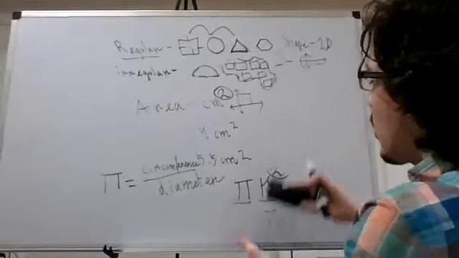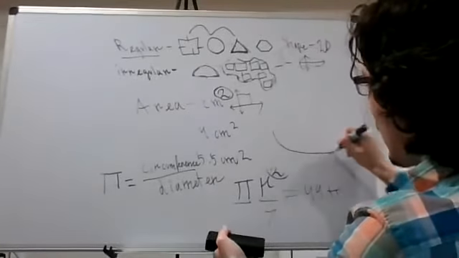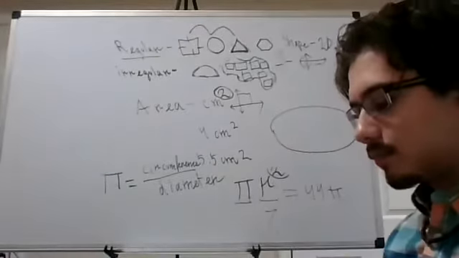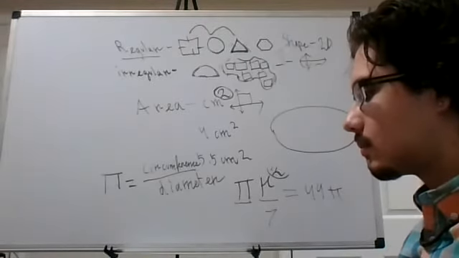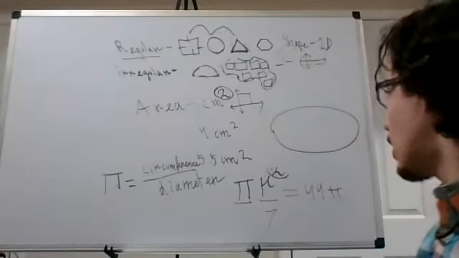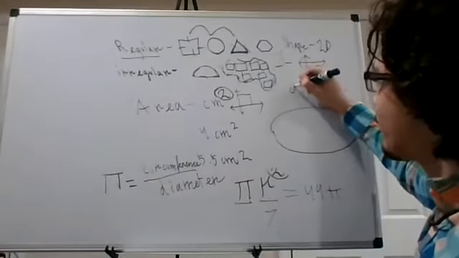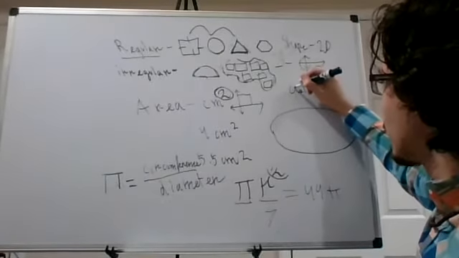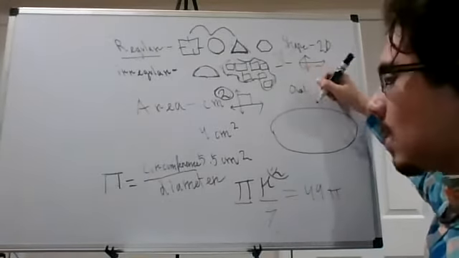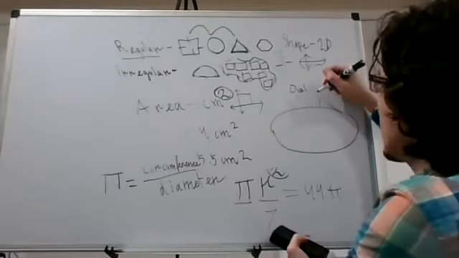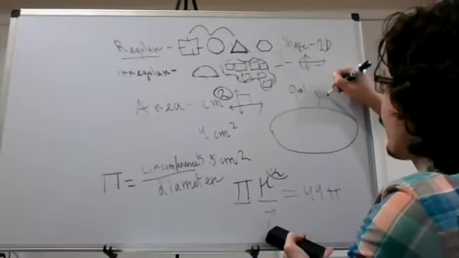Does anybody know what this shape would be called? Sir, an oval? An oval. Okay, an oval. Correct. So everybody calls this an oval, which you can do. But in math, if you want to be technical, this would be called an ellipse.